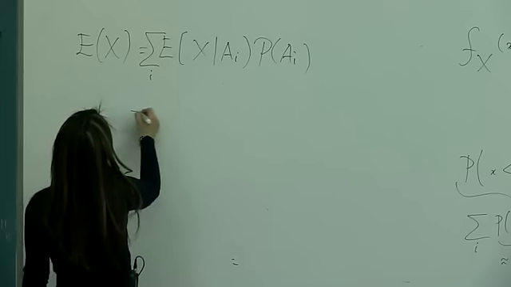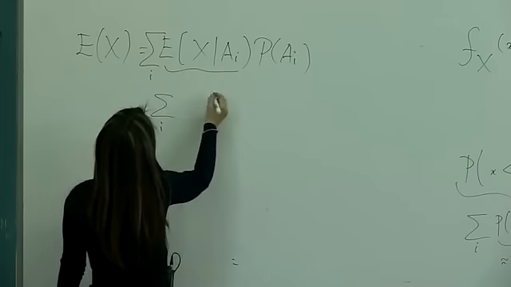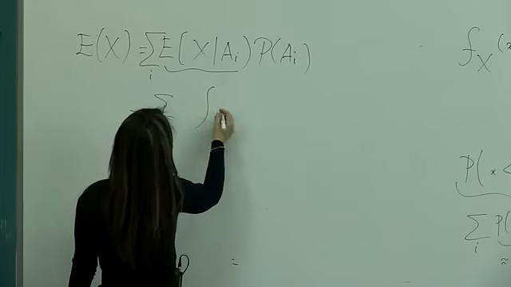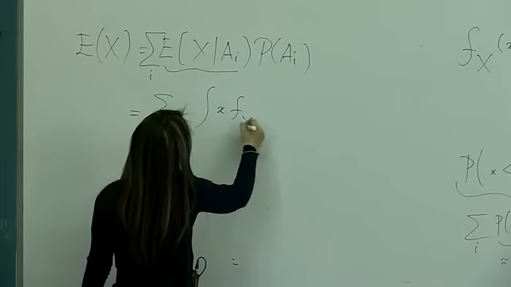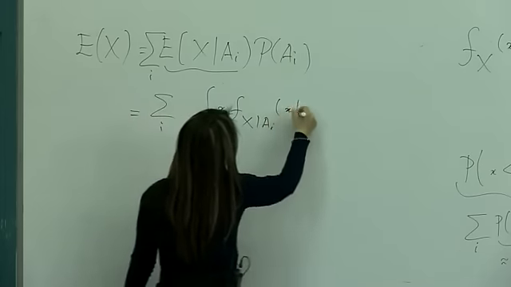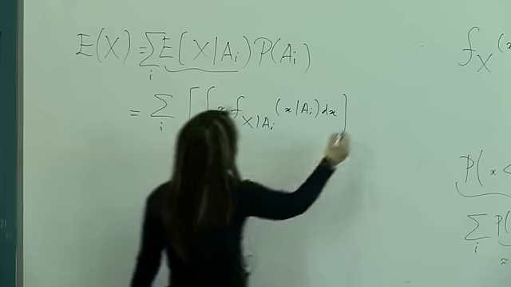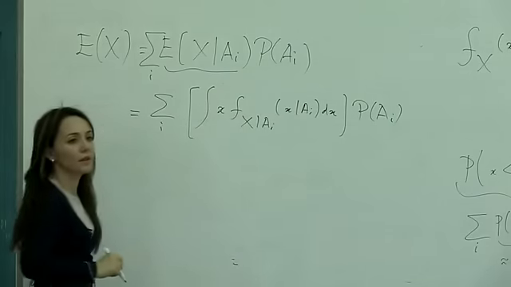So simply compute the inner expectation here by integrating over the conditional density: the integral of x times f_{X|Ai}(x) dx, multiplied by P(Ai), summed over all i.